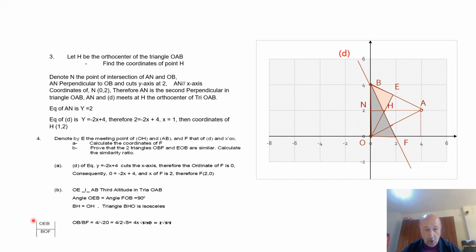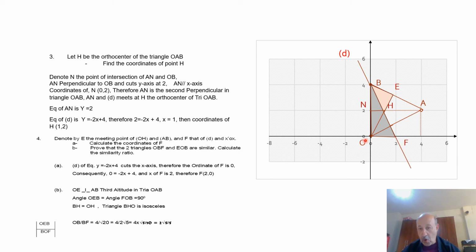So if we take OB over BF, OB is equal to 4. And BF is equal to radical 20. Why is it equal to radical 20?